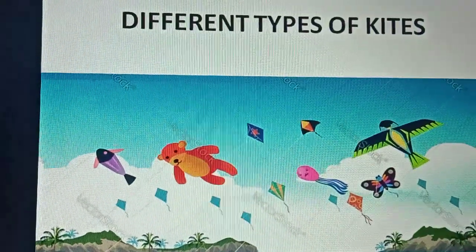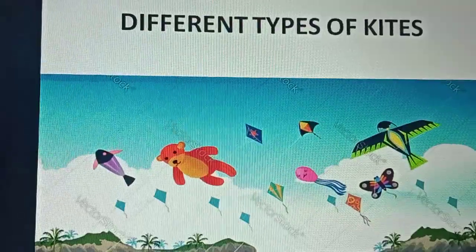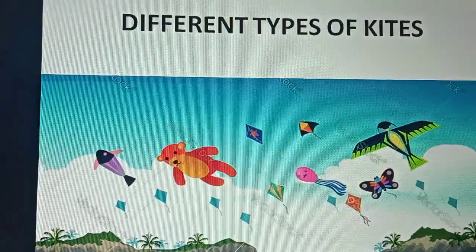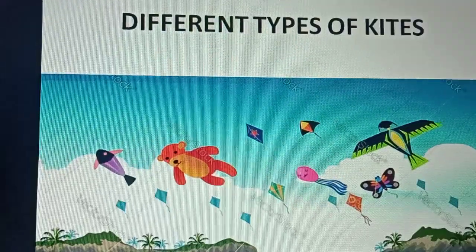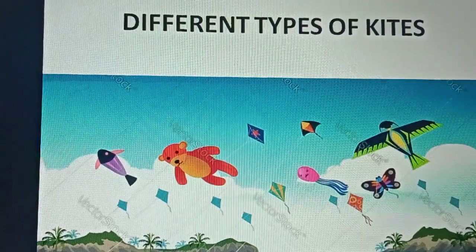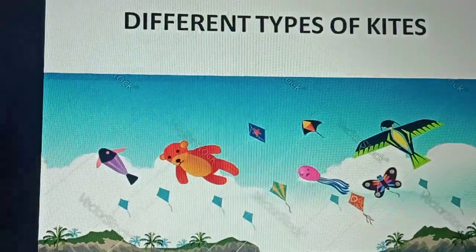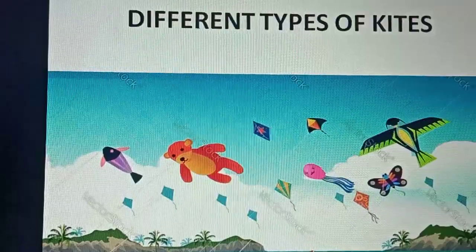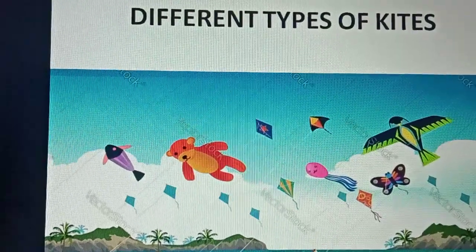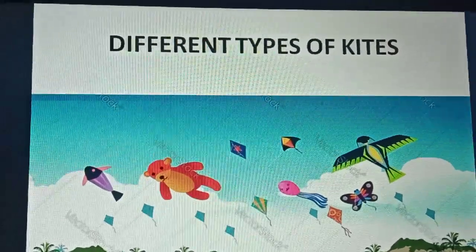You can see here different types of kites. Recently we had a kite festival in Chennai in the month of January. So they give that much importance to flying kites.